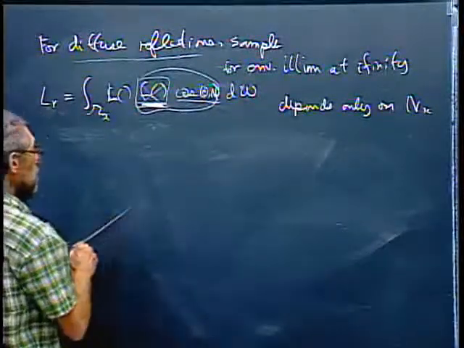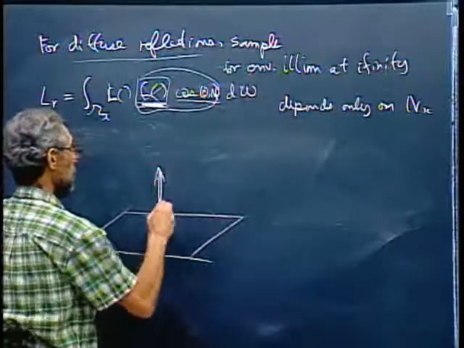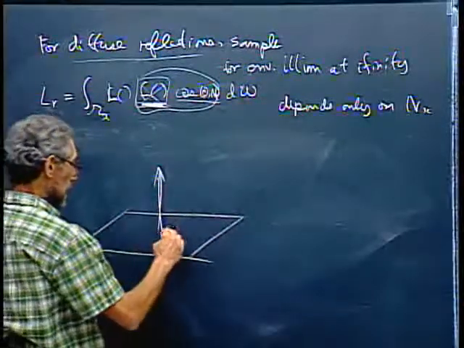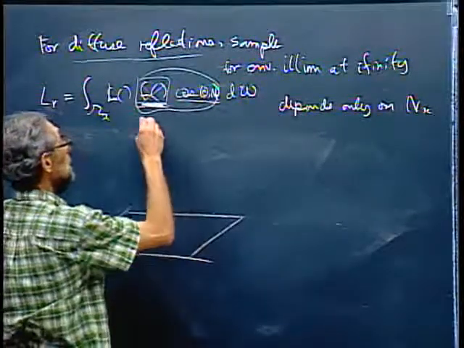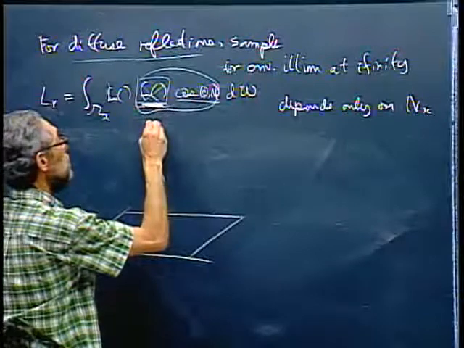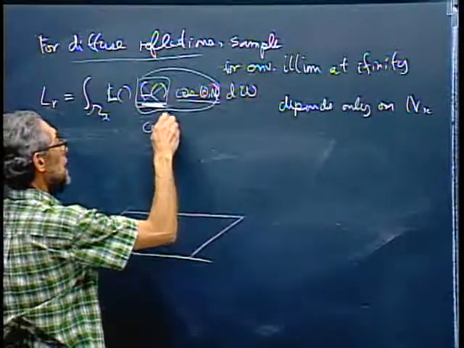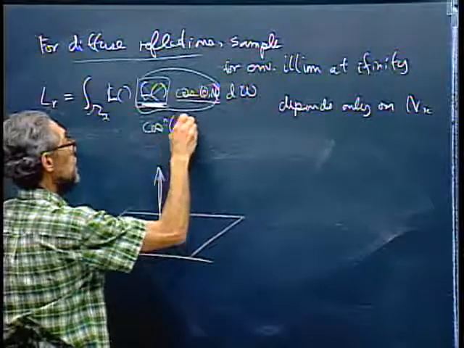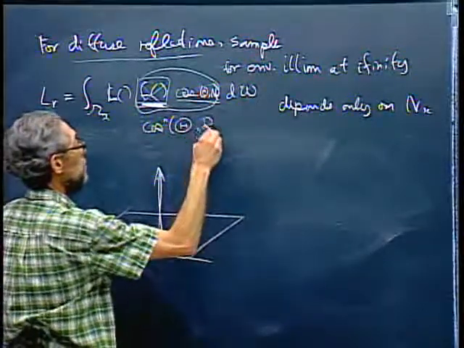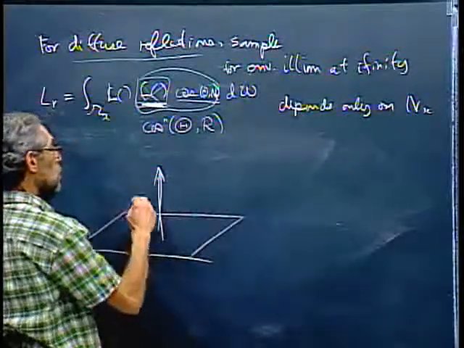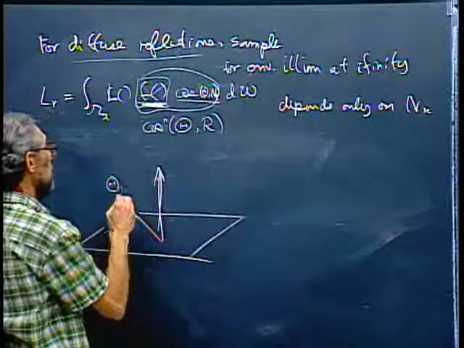Because if here's the plane, and here's the normal, in Phong shading, he's using cosine to the n of the difference between the incoming direction and the perfect reflection. So here is the light going to your eye in direction theta.